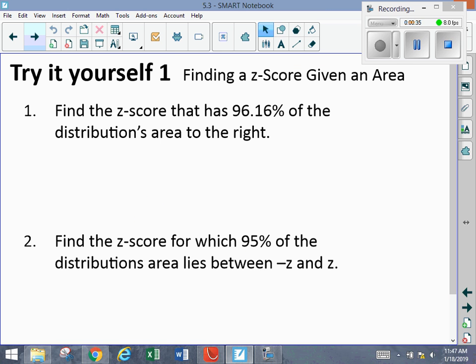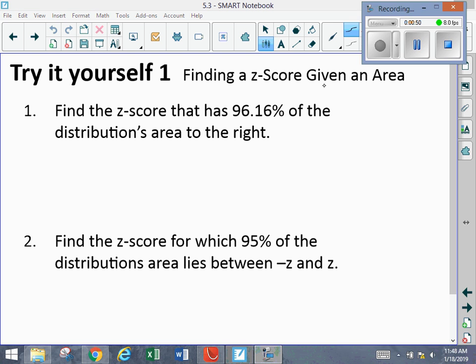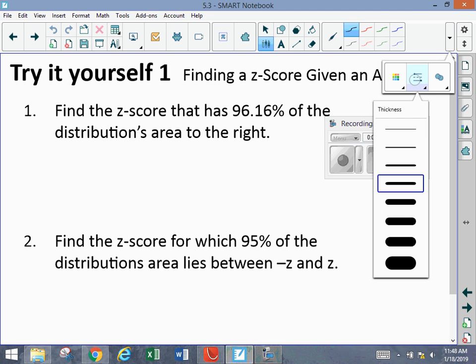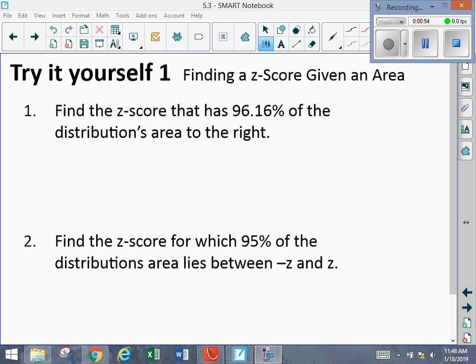Let's find the z-score that has 96.16% of the distribution's area to the right. What we're looking for is going to look like this.